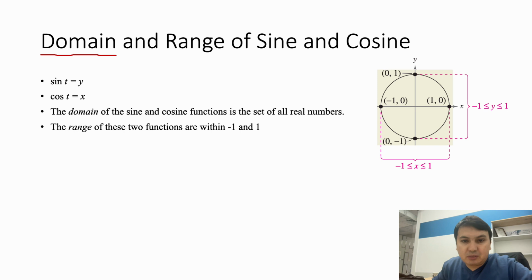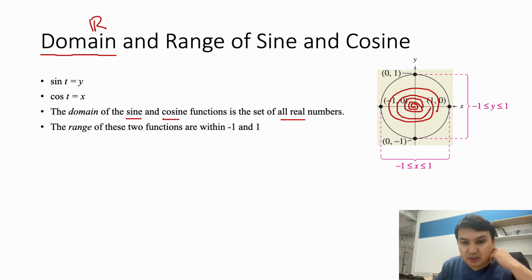So my angles: if I rotate counterclockwise, I can rotate until 2 pi, but I can continue rotating this way. So it means any positive number is in the domain. Or if I rotate clockwise, I can cover all the negatives. I can keep rotating, so it gives me all the negatives. Hence, my domain is R. So it's all real numbers for sine and cosine.